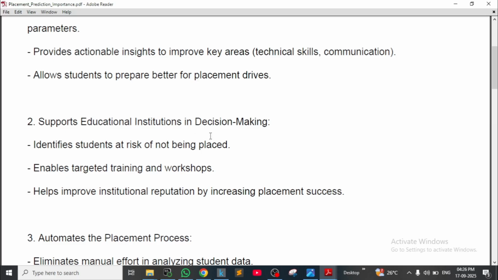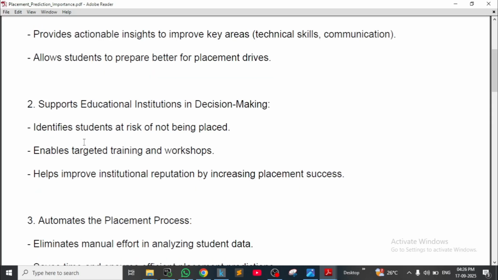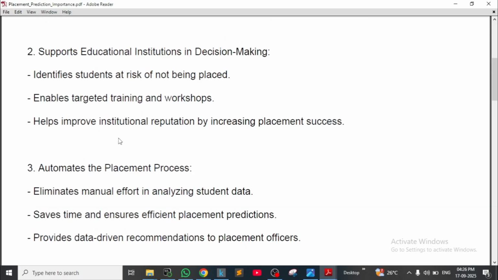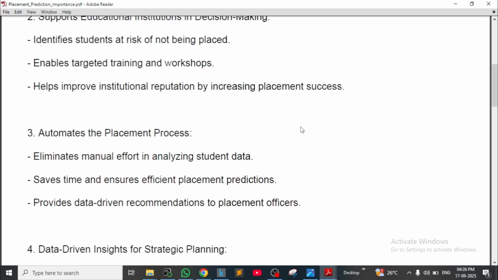Supports education institutes in decision making: identifies students at risk of not being placed, enables targeted training and workshops, and helps improve institutional reputation by increasing placement success.